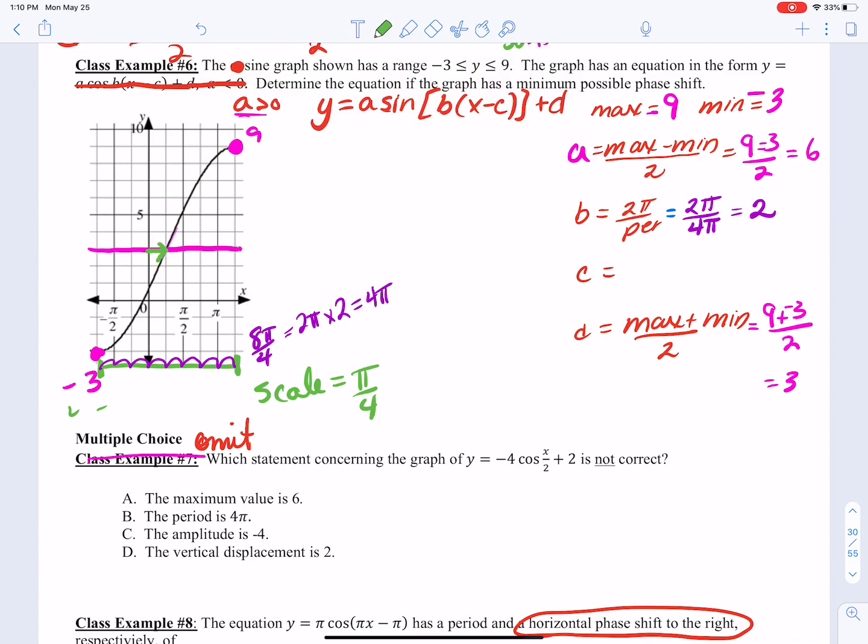Since the scale is pi over 4, my horizontal phase shift is pi over 4 radians to the right. So we are going to write this equation. Y is equal to 6 sine 2 times x minus pi over 4, plus 3.